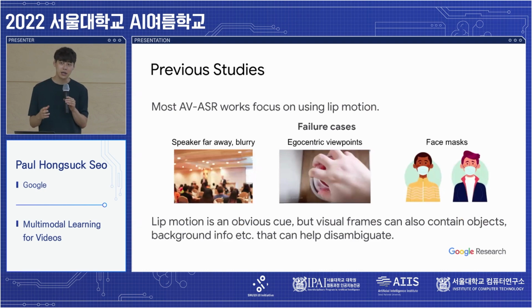And nowadays, because of COVID, there might be some videos with facial masks. In those cases, we cannot use that information, although it is a very obvious cue. But there are other objects available in the visual frames, so we can probably use that information to correct the erroneous transcriptions.